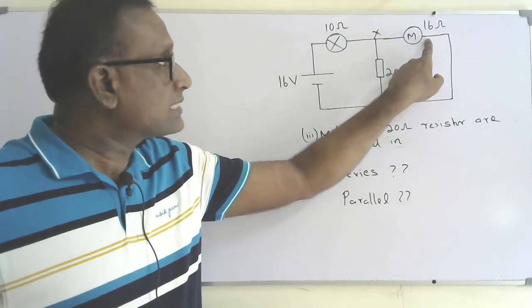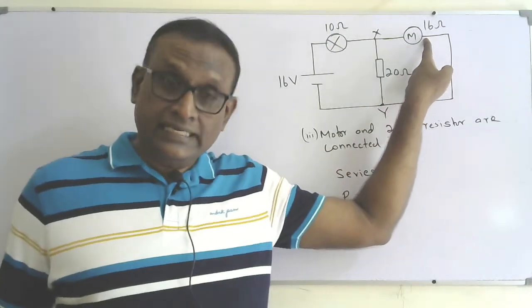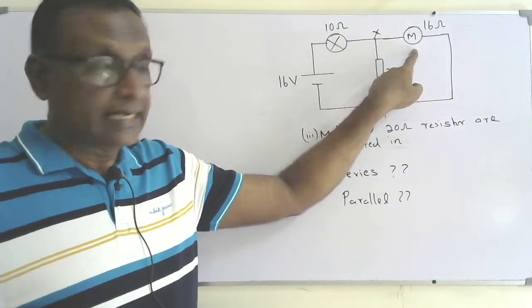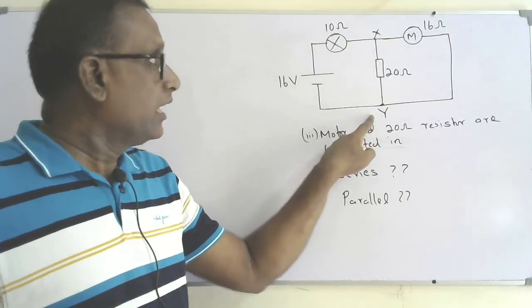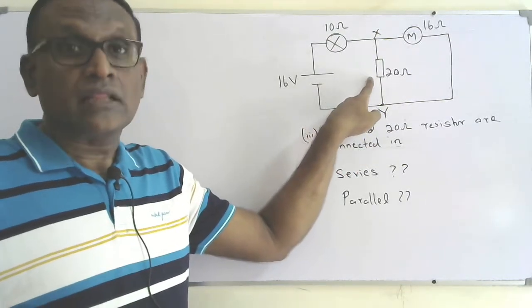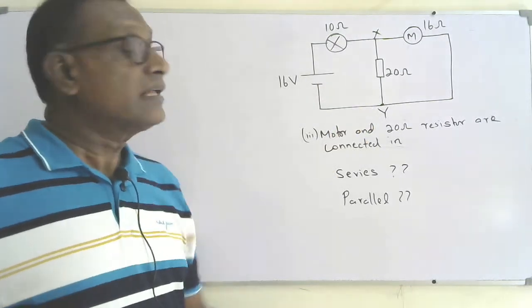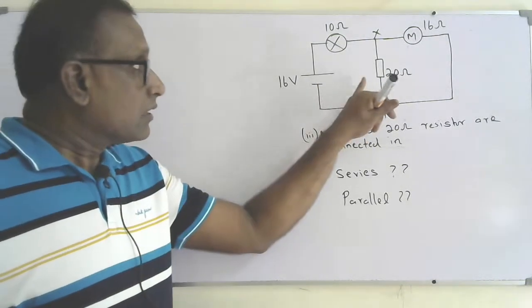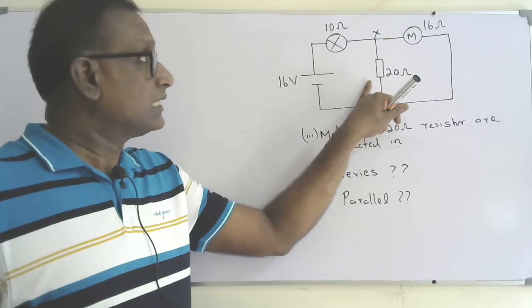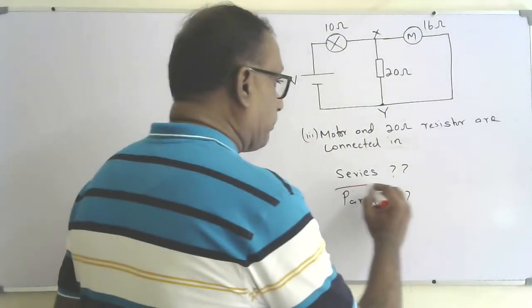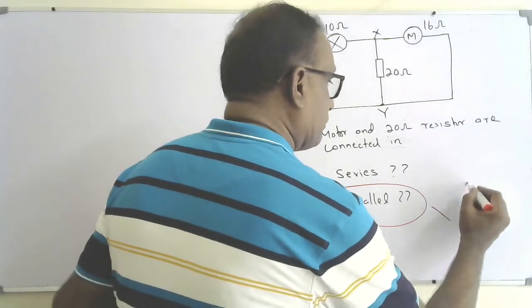So the next terminal of the motor is directly connected to Y. So the motor is directly connected across X and Y. The 20 ohm resistor is also directly connected across X and Y. Therefore, the 20 ohm resistor and the motor are connected in parallel.